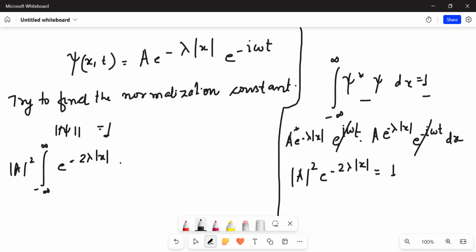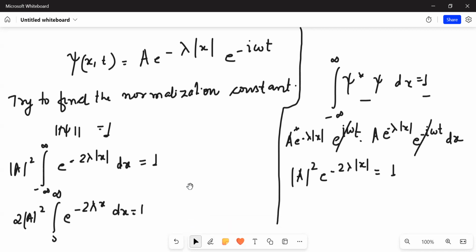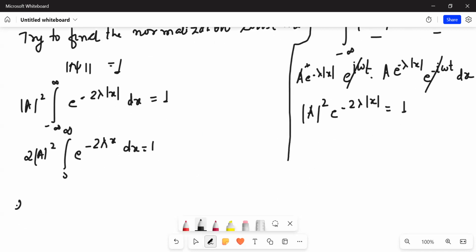From here, we'll get this. And this particular thing you can do since this is an even integral, so from 0 to infinity, e to power minus 2 lambda x dx equals 1. And then you can write it as 1 upon 2 lambda e to power minus 2 lambda x from 0 to infinity equals 1.